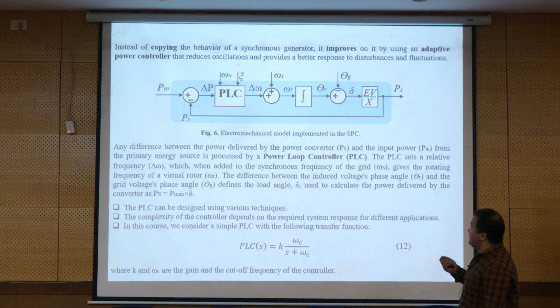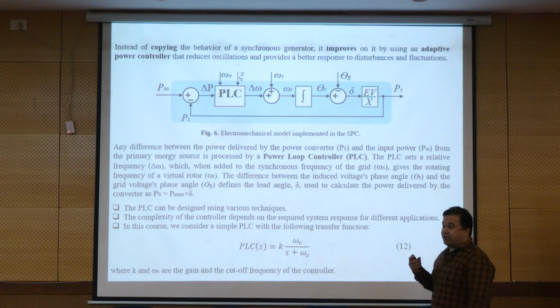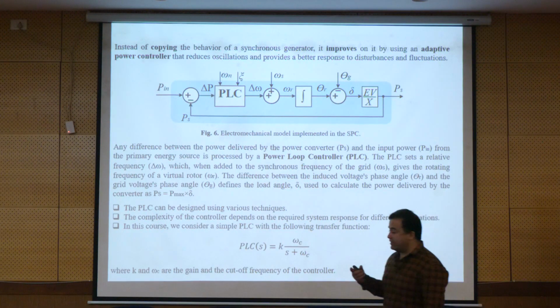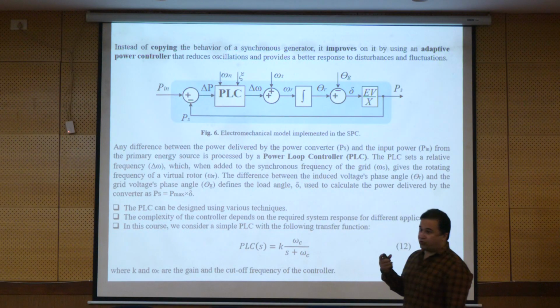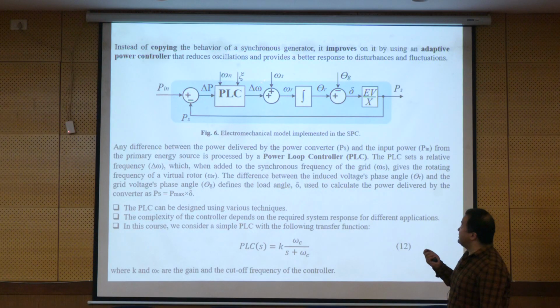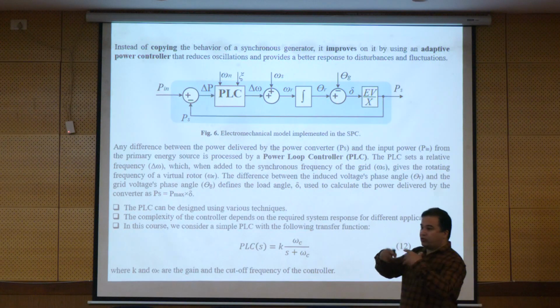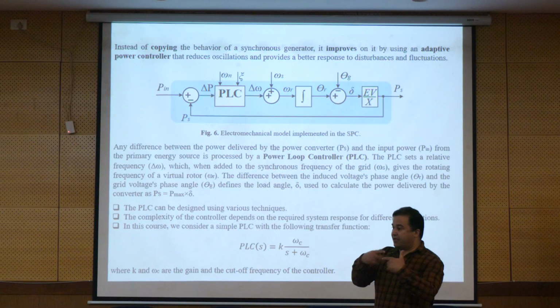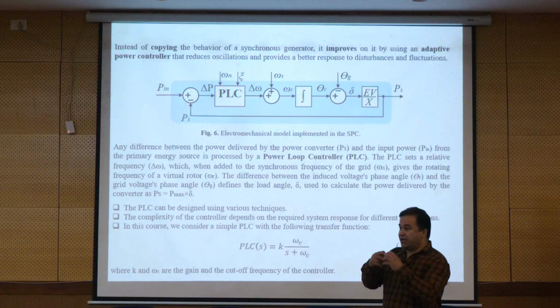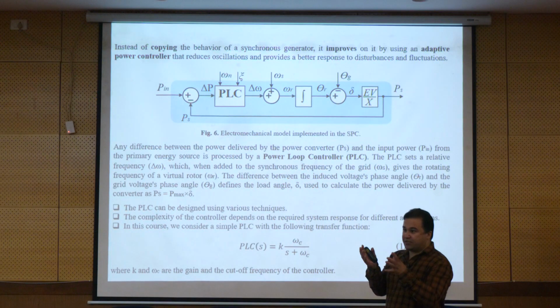So this delta omega, with the synchronous frequency, provides the omega r, the frequency of the rotor. Because you have a rotor that is rotating and provides the frequency.